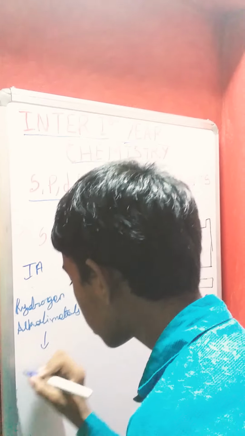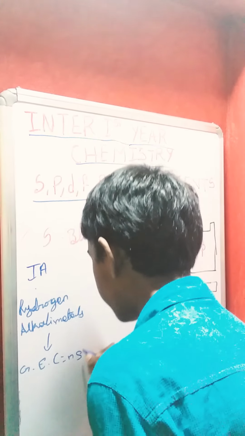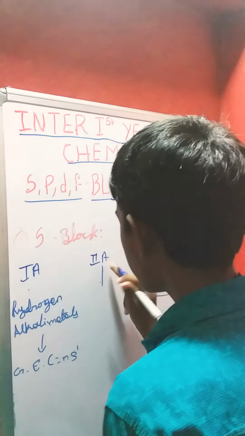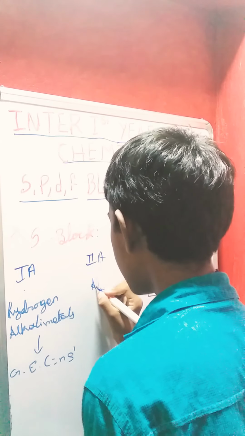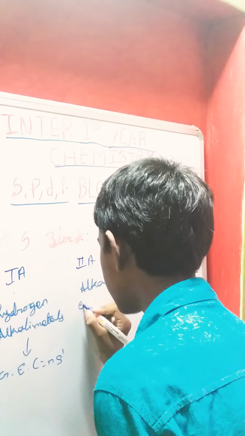The general electronic configuration of the outer shell is ns1. 2A includes alkaline earth metals.